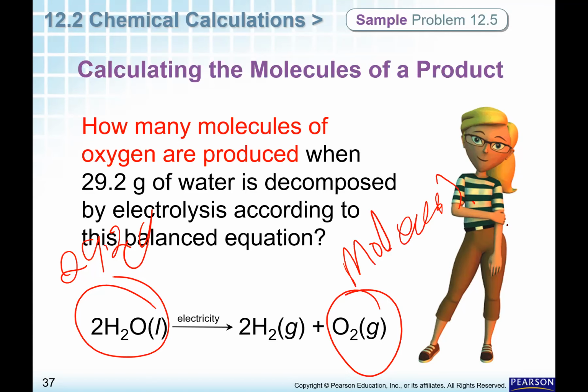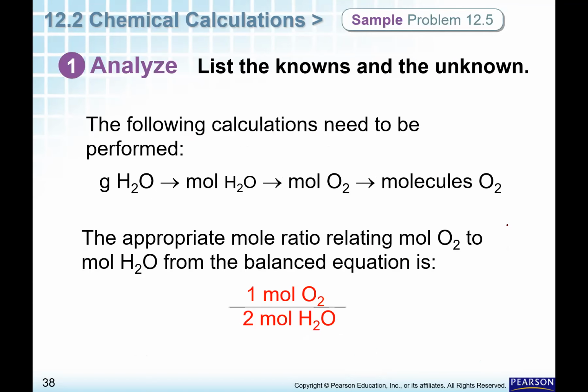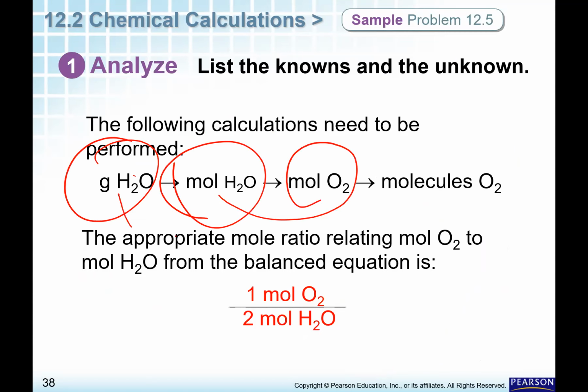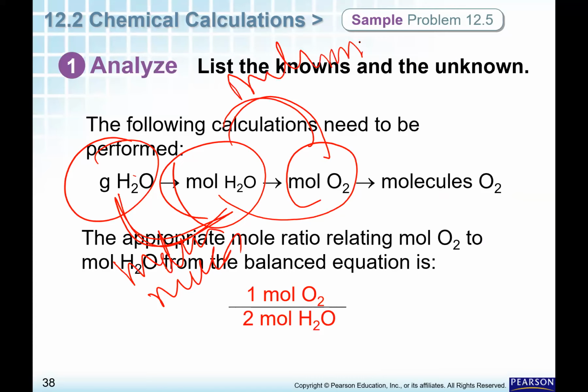Okay, so the way it works is that we have grams of water that is converted into moles of water, then into moles of oxygen. To go from grams to moles, we need the molar mass. To go from moles of water to moles of oxygen, we need the mole ratio, which is from the chemical equation.